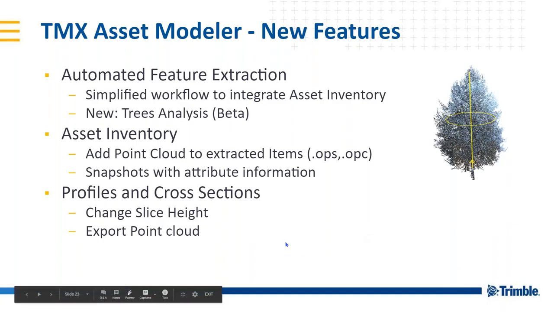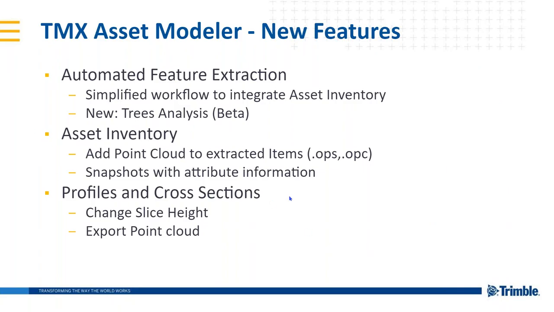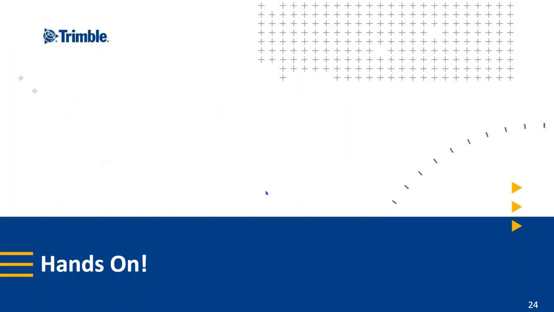In addition, we also have new modifications to the profiles and cross sections tool. Now you can change the slice height of the cross sections and profiles, and you can also export the point clouds of that specific profile or cross section. Now we'll leave you with a short hands-on with Miguel. So please go ahead.